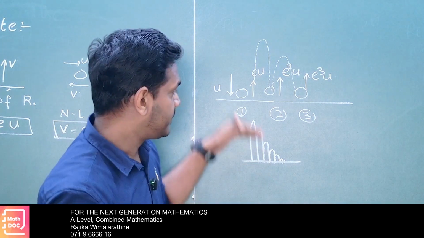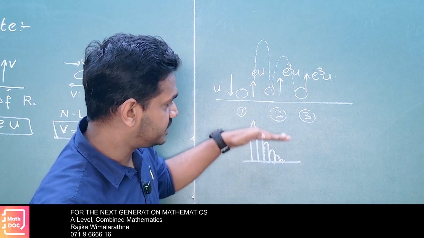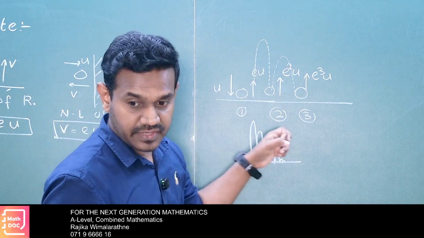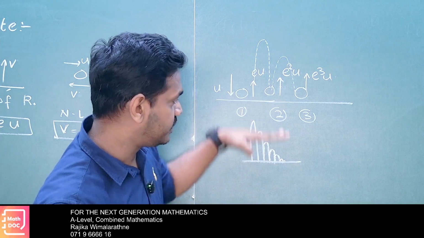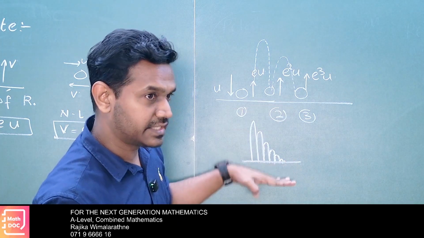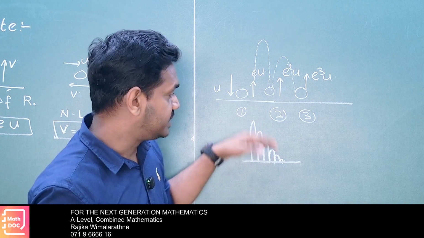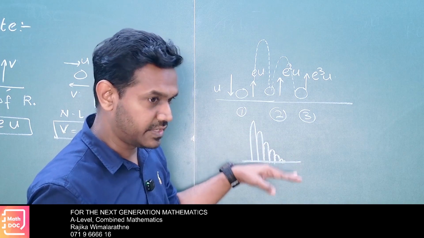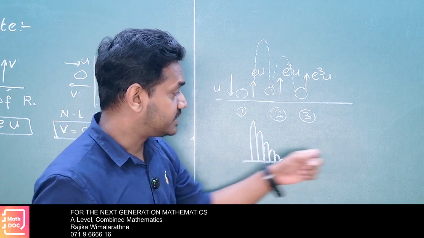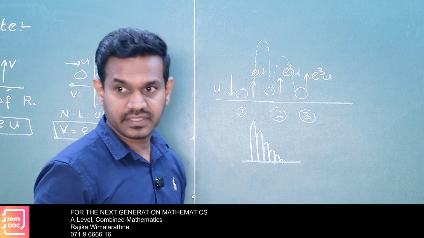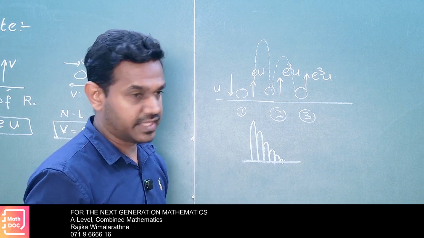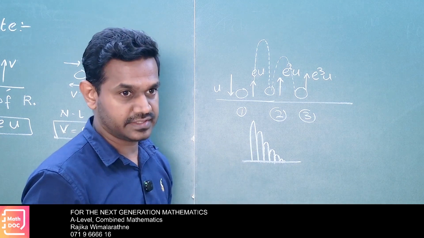So anyway, collisions happen like this. For perfectly elastic collisions, the collision always happens continuously, like simple harmonic motion. Continuously it happens, but in this case the height goes down. It is an infinite series; infinitely it will collide.